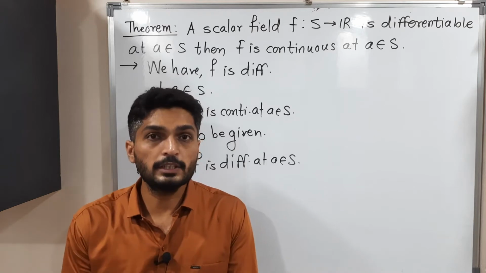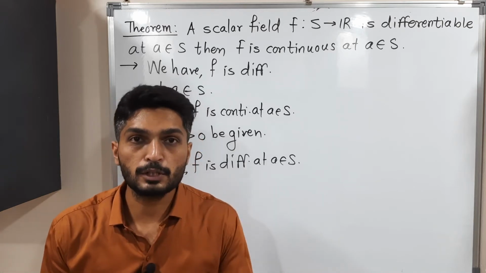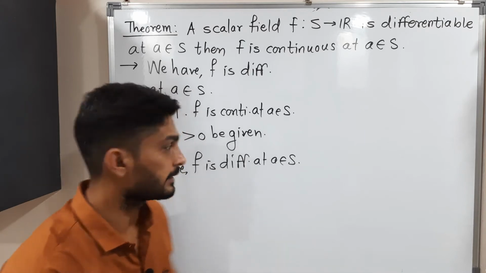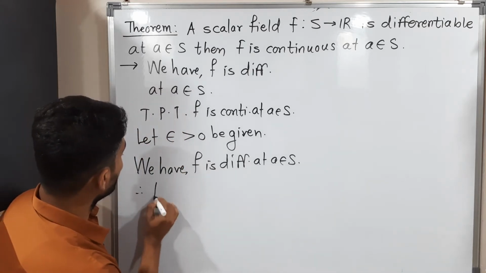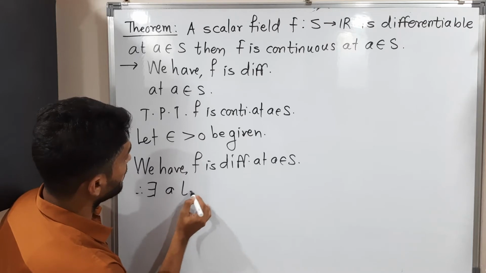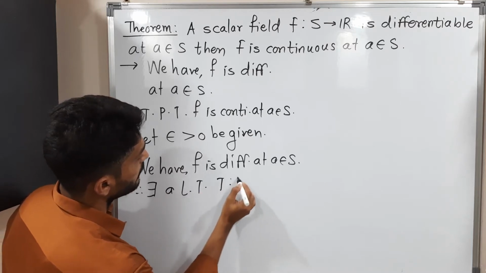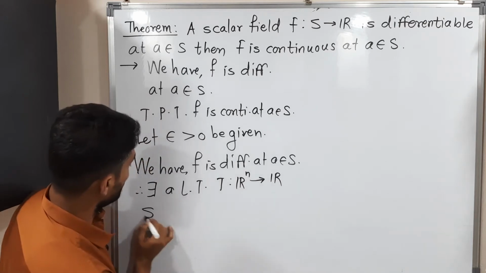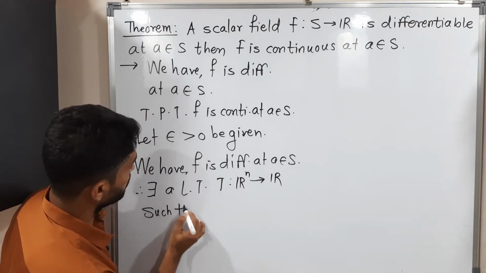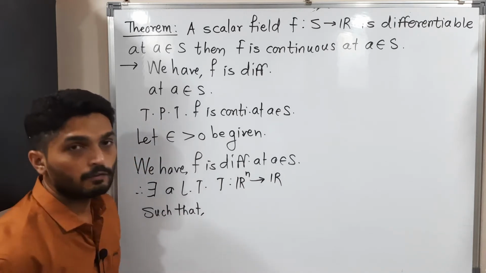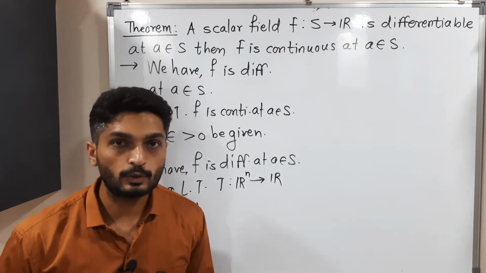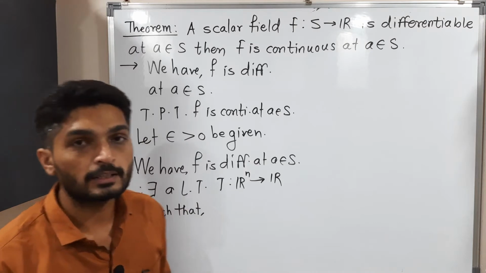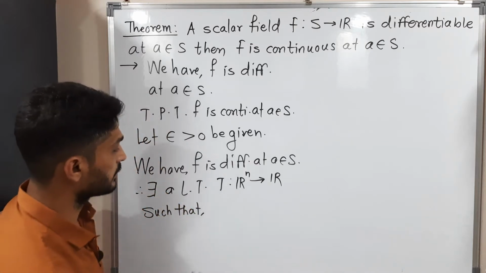The definition says if f is differentiable at A, then there exists a linear transformation T from Rn to R such that for given epsilon greater than 0, there exists delta greater than 0. But epsilon we have already taken, so I will write for the above epsilon greater than 0.